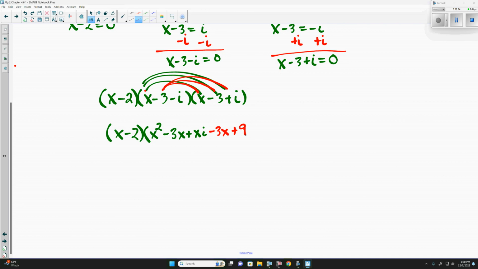And negative 3 times i is negative 3i. And lastly, we're going to multiply through with our negative i. Negative i times x is negative xi. Negative i times negative 3, negative times a negative is a positive, 3i. And lastly, negative i times i is negative i squared.